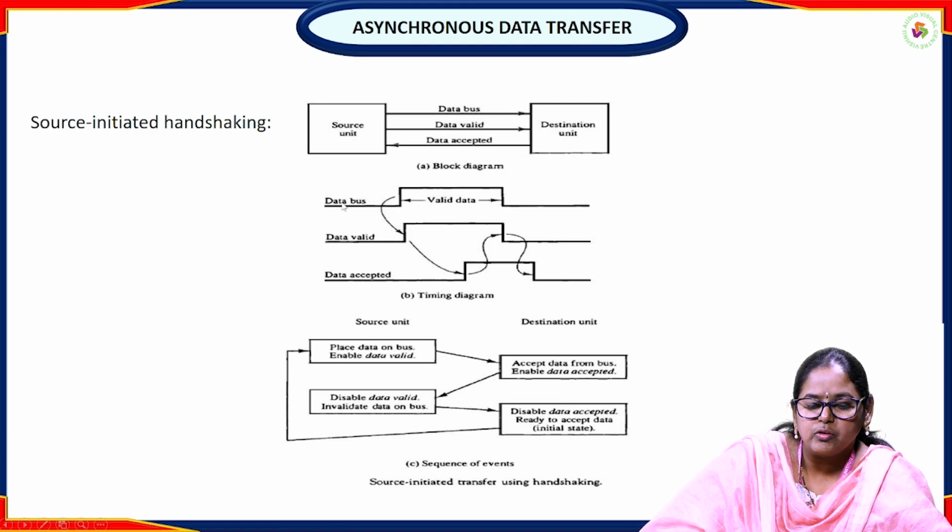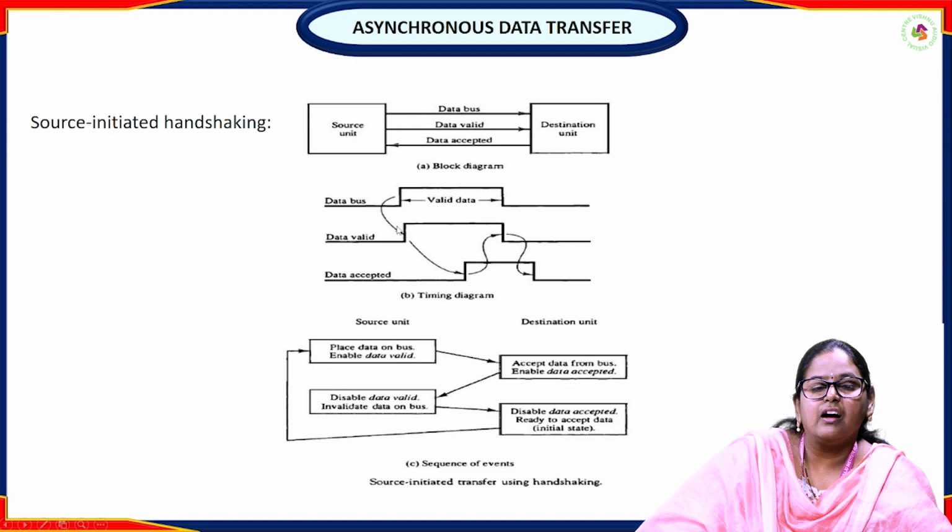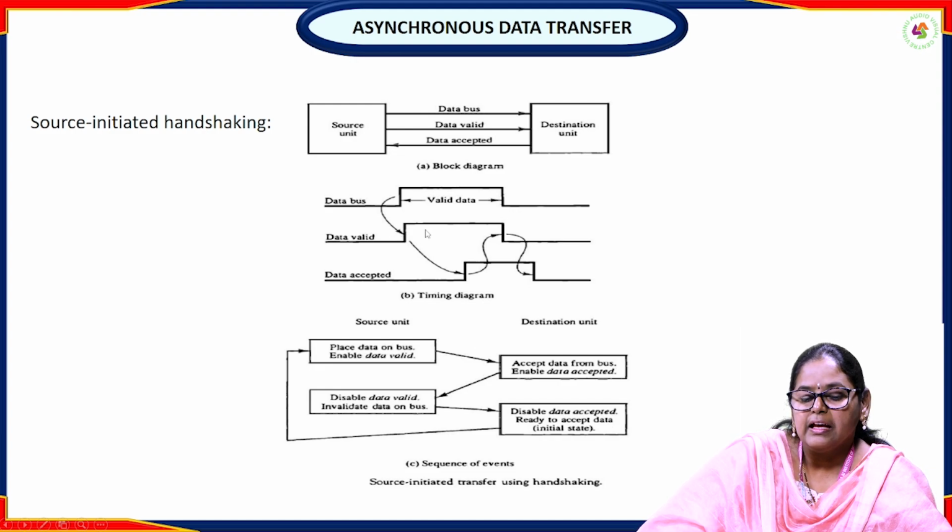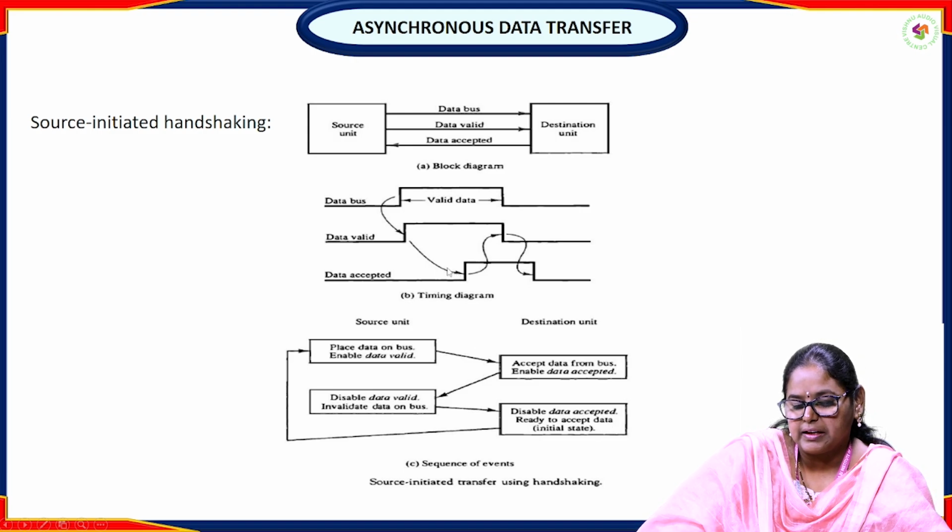When you go with the timing diagram, you can see first the source placing the valid data over the data lines, and you can see the arrow coming down, which represents the source unit enabling the data valid line, and both remain in the high state for a meantime. After that, you can see the arrow coming down, which specifies the destination unit enabling the data accepted line.